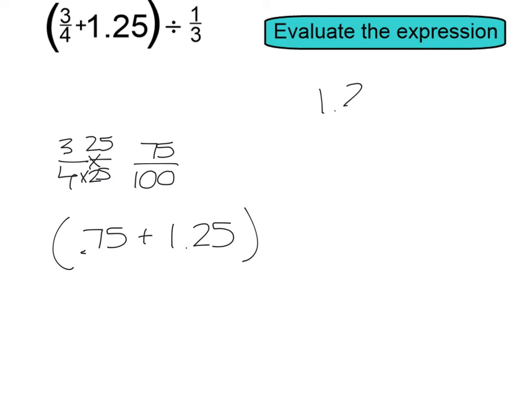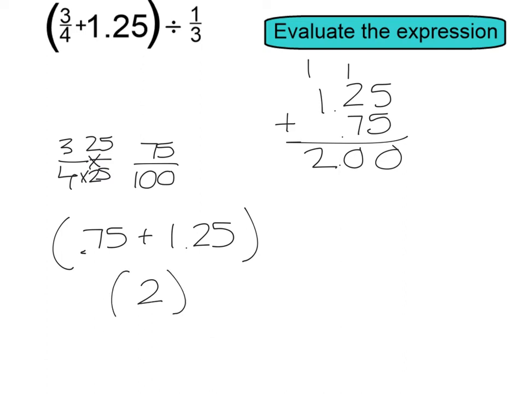So 1 25 hundredths. Line up my decimals. 5 plus 5 is 10. 7, 8, 9, 10. My answer is 2. So in parentheses is 2. Now I need to divide that by 1/3.